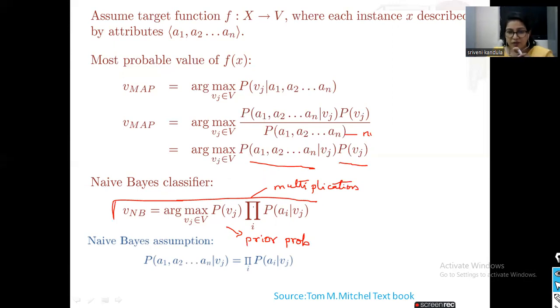We have the prior probabilities as well as the conditional probability. This is the conditional probability term, where we have the probability of occurrence of Ai, when we already know that Vj has happened.